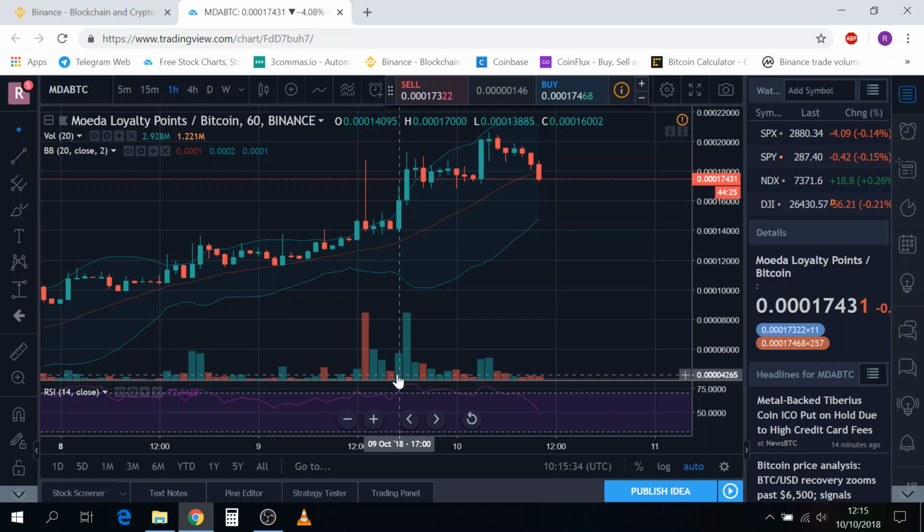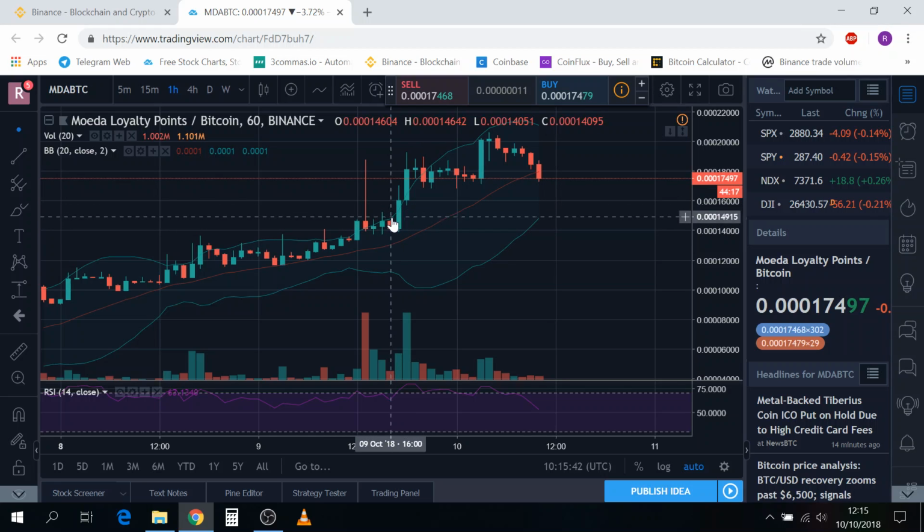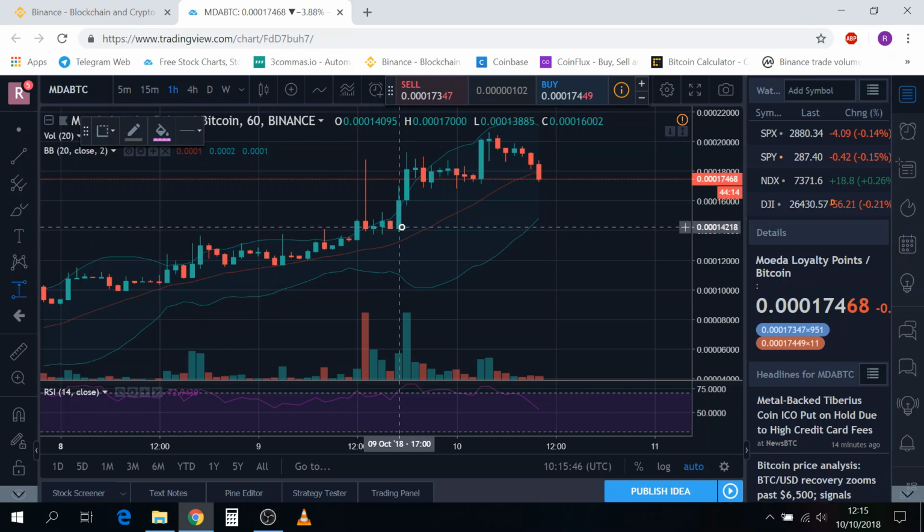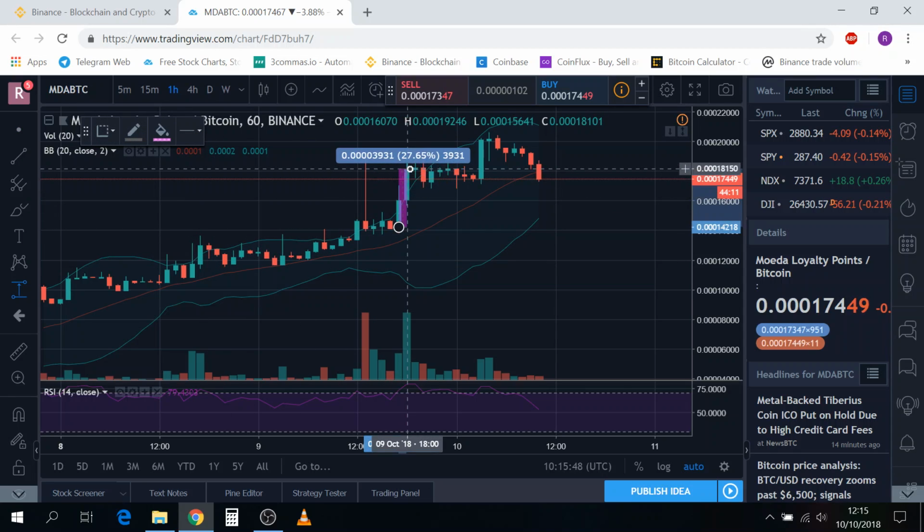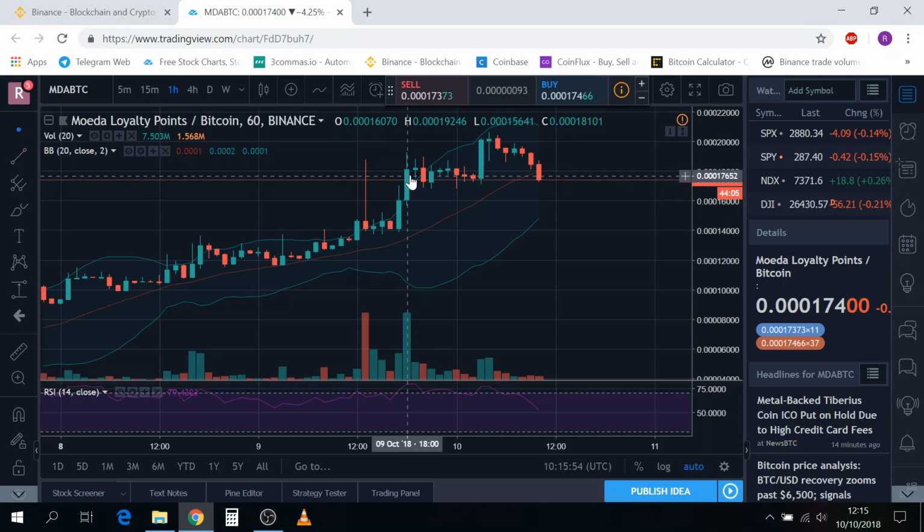Volume, again, there's volume increasing on this candle. You see it rising towards the edge and breaking the edge of the Bollinger Band. Again, good momentum to buy. In 2 hours, 26%.